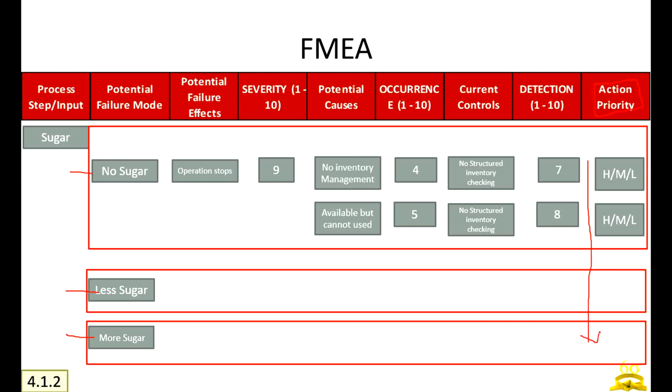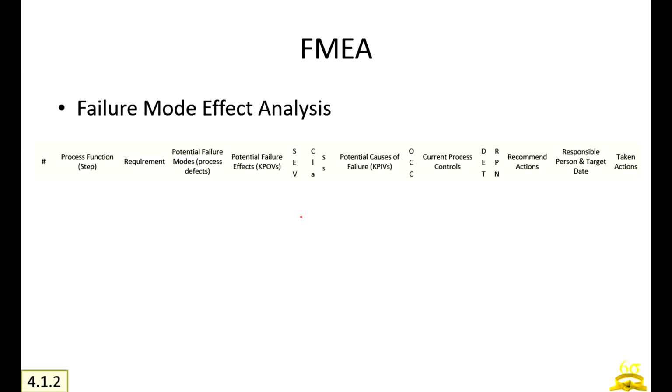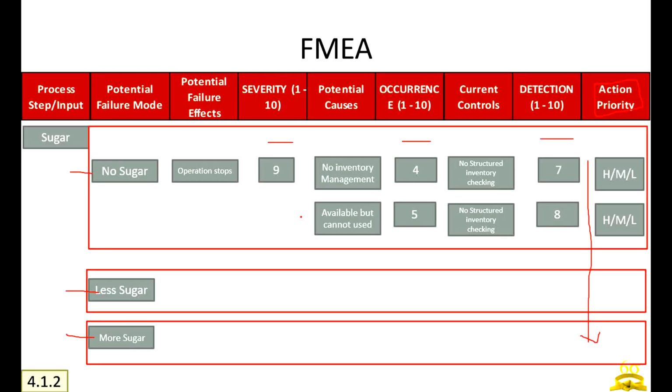That's why making it high, medium, low, and this score, helps you prioritize which one to attack first and how to solve it first. Just to share with you, this is another template for failure mode effect analysis. I hope you have understood and will use it for simple steps like this.